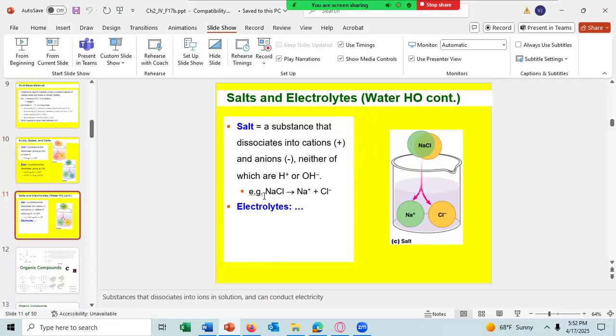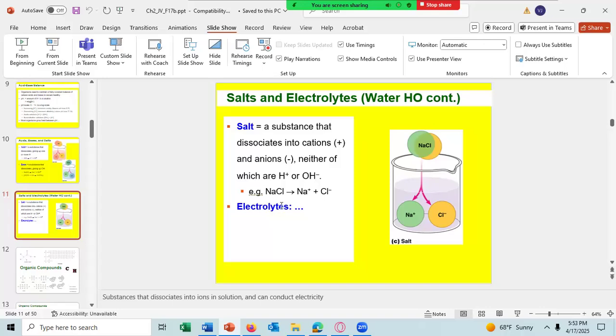Like sodium chloride is a salt because when it dissolves in water, it will become sodium ion plus 1 and chloride ion minus 1. Everybody knows that because we call sodium chloride table salt or just salt.